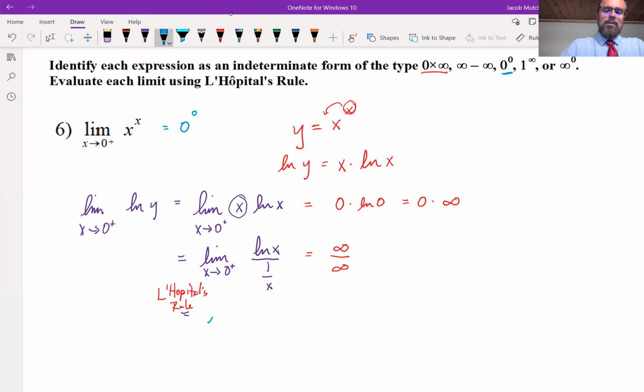So we'll say this is equivalent to the limit as x approaches 0 from the right. So the derivative of natural log of x is 1 over x. The derivative of 1 over x, I'm going to treat this as x to the power of -1. So that's -1 times x to the power of -2.